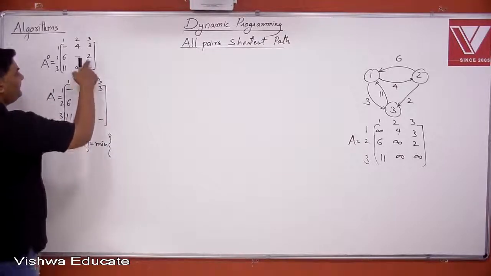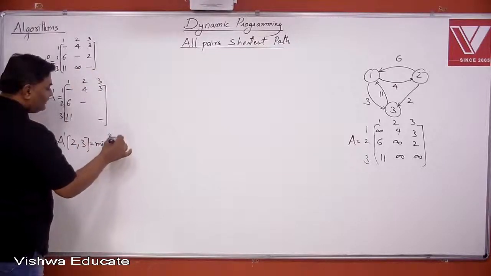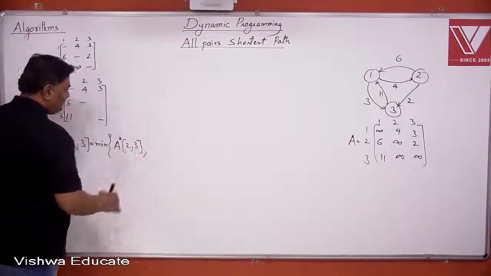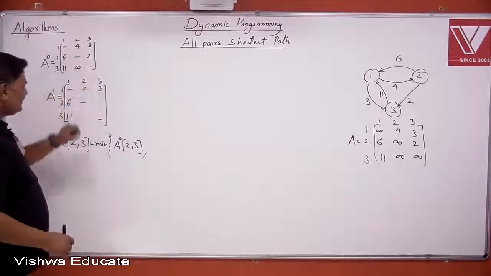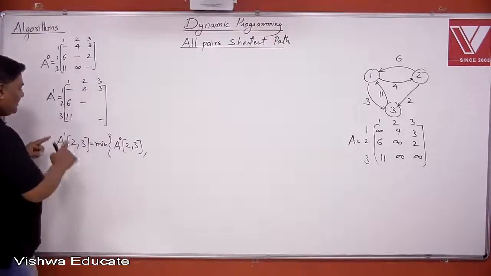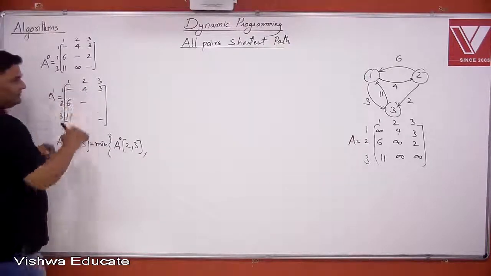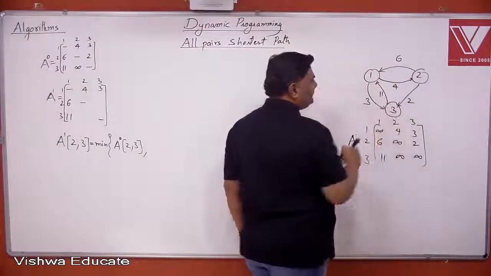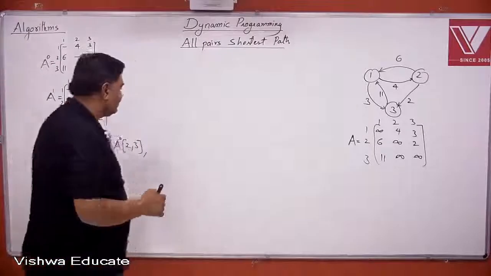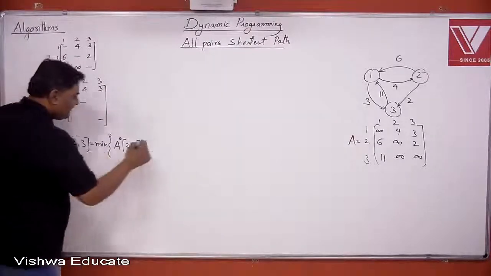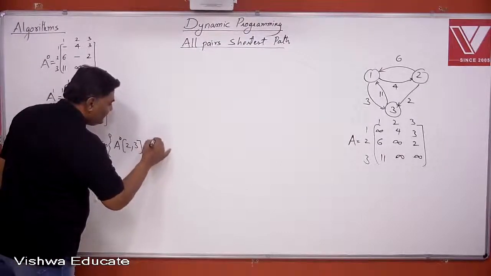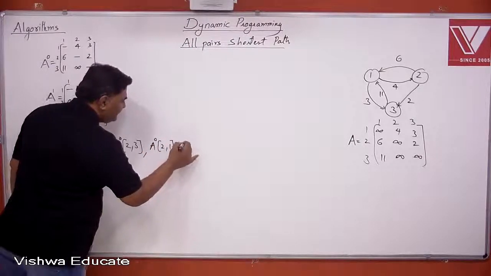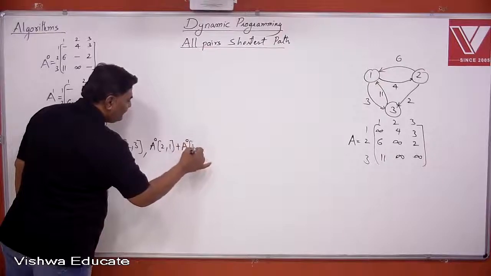The present value, that is A0 of 2 to 3, or 2 to 1 and then 1 to 3. So 2 to 3 we are finding. So A0 of 2 to 1 plus A0 of 1 to 3.